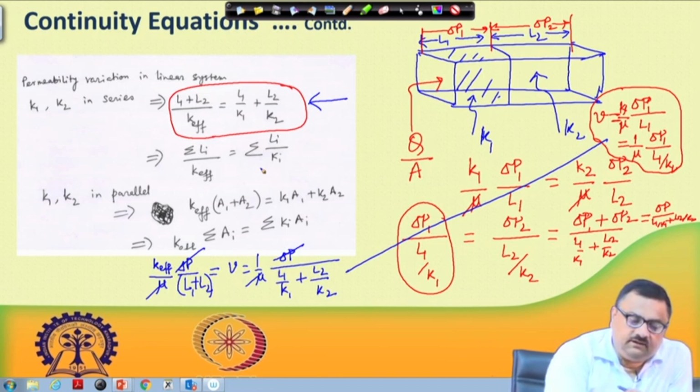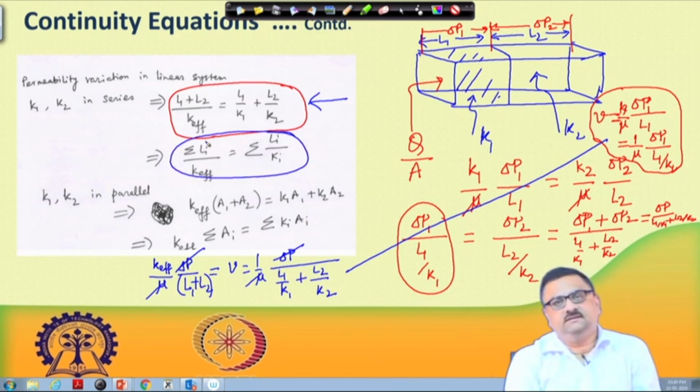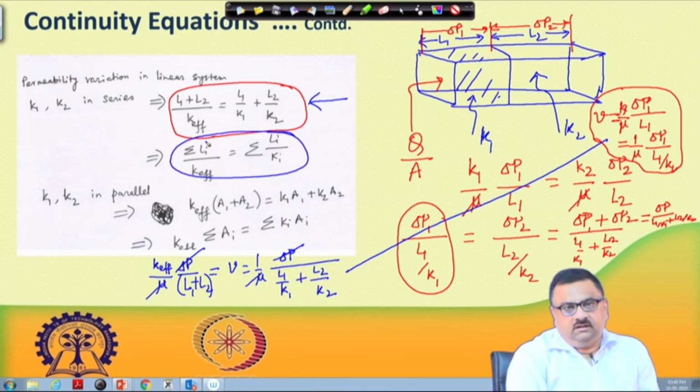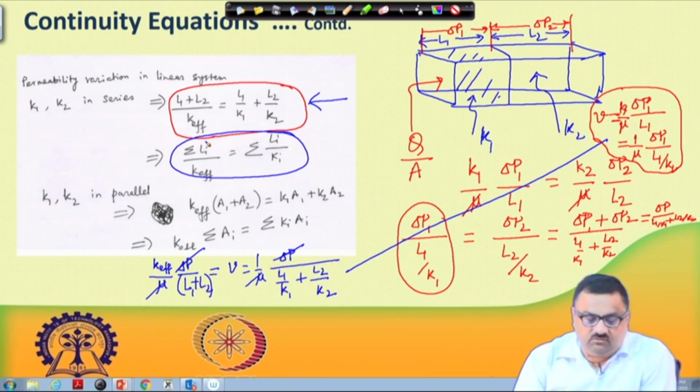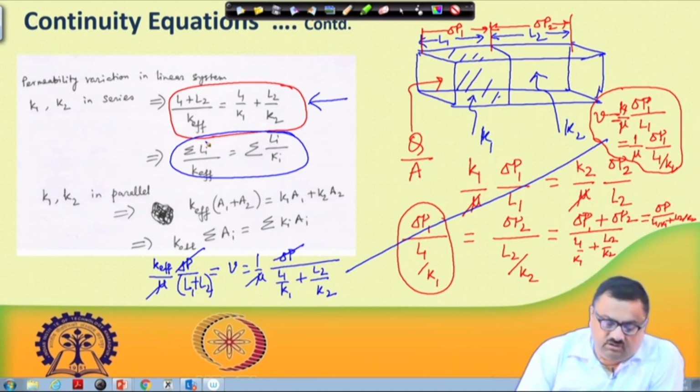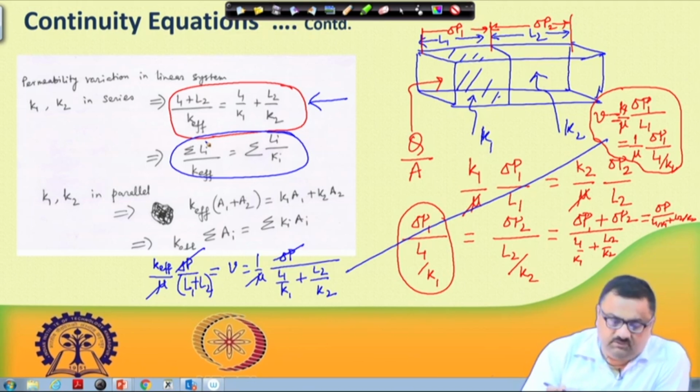So, when K1 and K2 are in series, this is the equation one must consider. Now, if K1 and K2 are in parallel, and mind it, the flow is unidirectional, there is no cross flow, that is ensured, then it is much simpler.